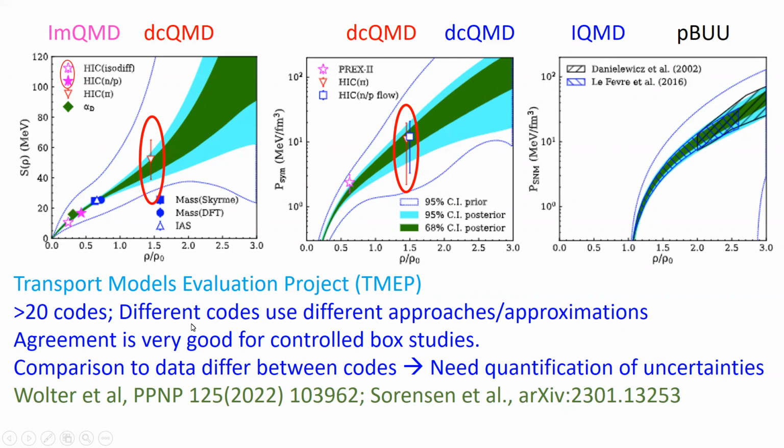We know that there is some problem with the transport models, and so that's why we formed this transport model evaluation project, where in the beginning we took 20 codes. Actually, we got the collaboration of 20 code authors, and then we found that the different codes use different approaches, different approximations.